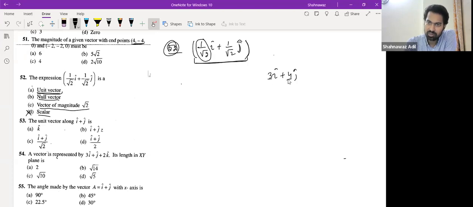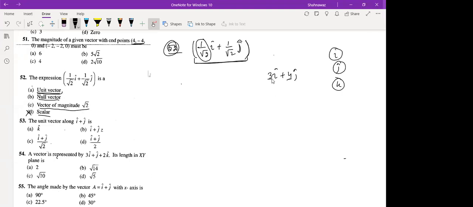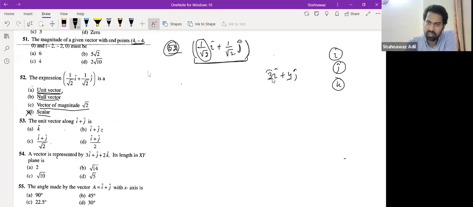I, j, k independently are unit vectors, right? But if I write 3i, it means it has 3 magnitude in the X direction, 4 magnitude in the Y direction. We will talk about that.